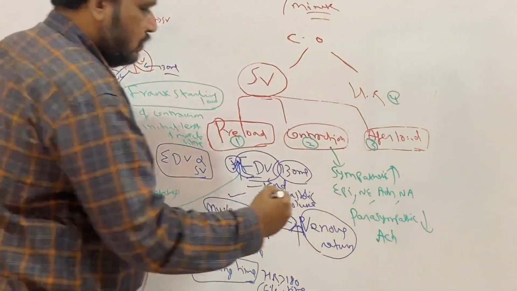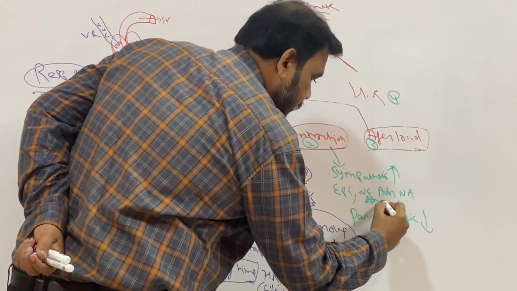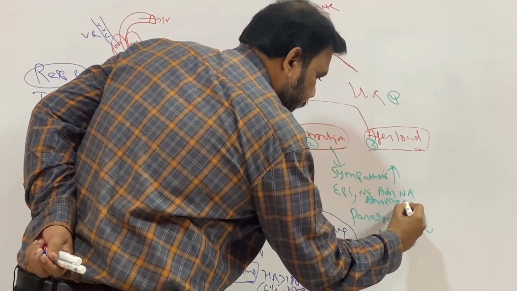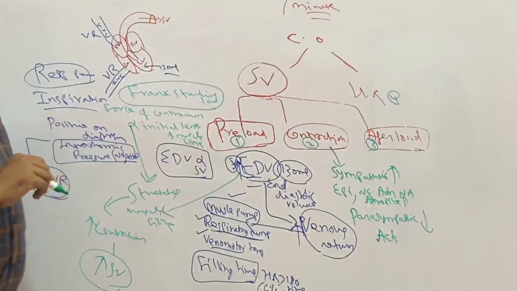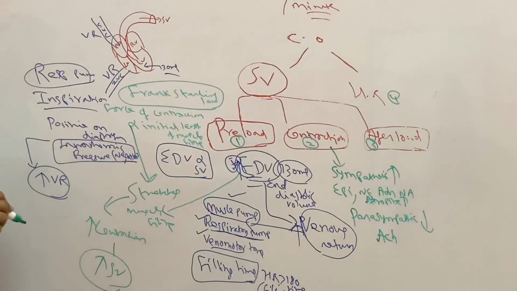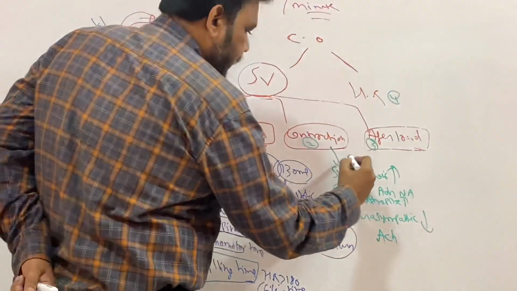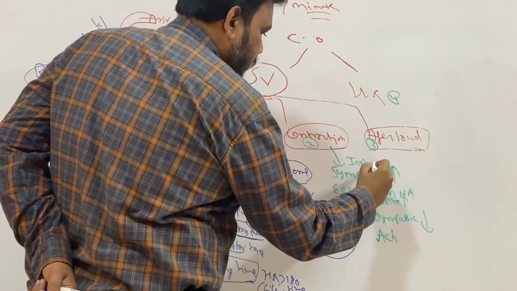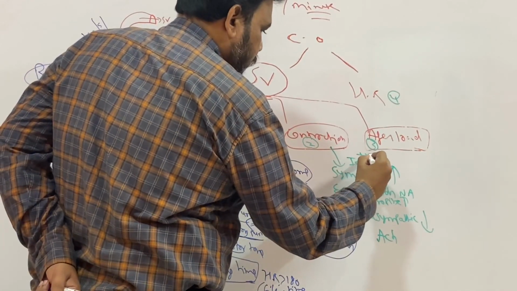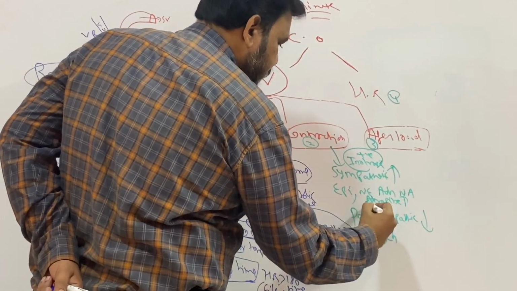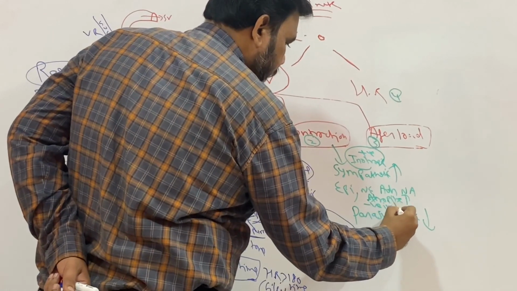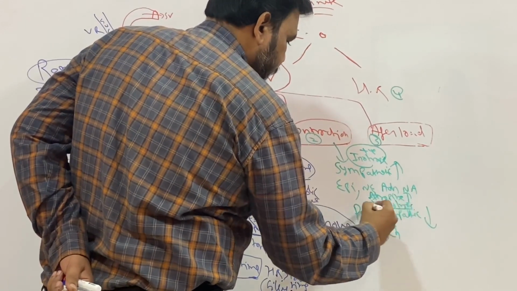So some drugs are also there. Atropine will increase the contraction of the ventricles. So we call this positive inotropic, and this negative inotropic.